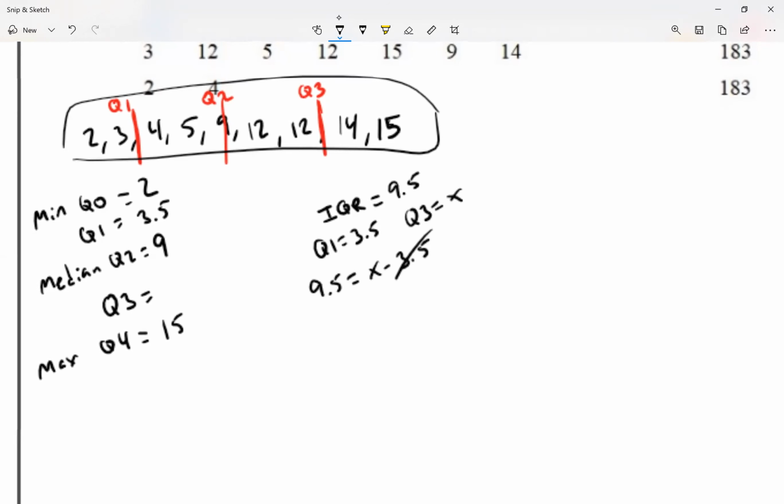This minus 3.5, let me move it over as plus 3.5, and we're going to get that 13 is equal to x. So sometimes on your list, I'm not going to give you quarter 1 or quarter 3. I'm just going to give you one, but I'll give you the interquartile range. I want us to practice a little.